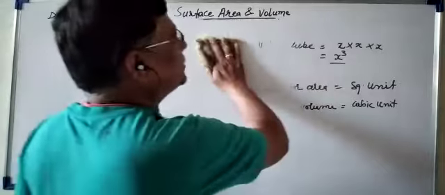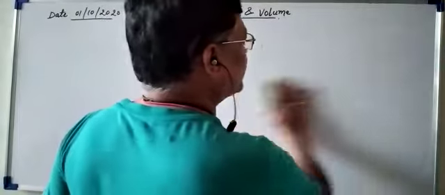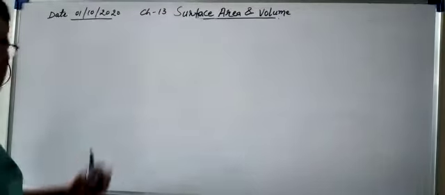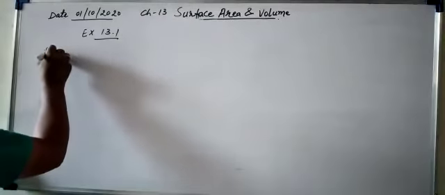The question says that we have to make a plastic box with the help of a plastic sheet. The length, breadth and height are given. Ignoring the thickness of the plastic sheet, find the area of plastic sheet required for making the box. Exercise 13.1, question number 1.